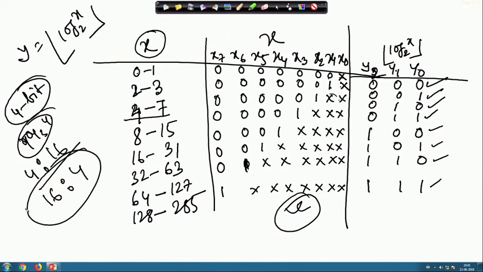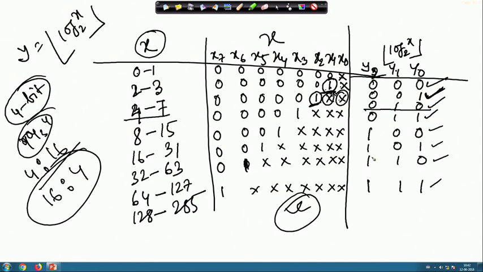Okay. But here, whenever this bit position is 1, it does not depend on the other values. If I find this bit position as 1, then at that point this will become 1. No matter what the value of these two bit positions is, if the x2 bit position is 1, the corresponding encoded value will be 2.